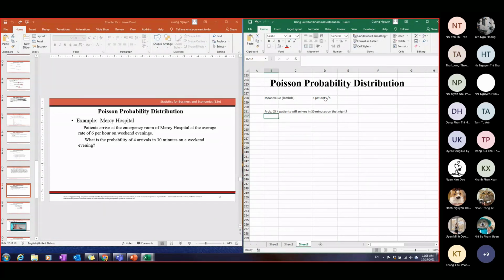Because normally we know that on average 6 patients will arrive in an hour. So now what will be the probability that 4 patients will arrive in 30 minutes? So first of all, we have to make a kind of transformation, right? Because the question asks about the probability of 4 patients in the interval of 30 minutes only. We have to measure it over here. So actually it's equal to how many patients in 30 minutes?